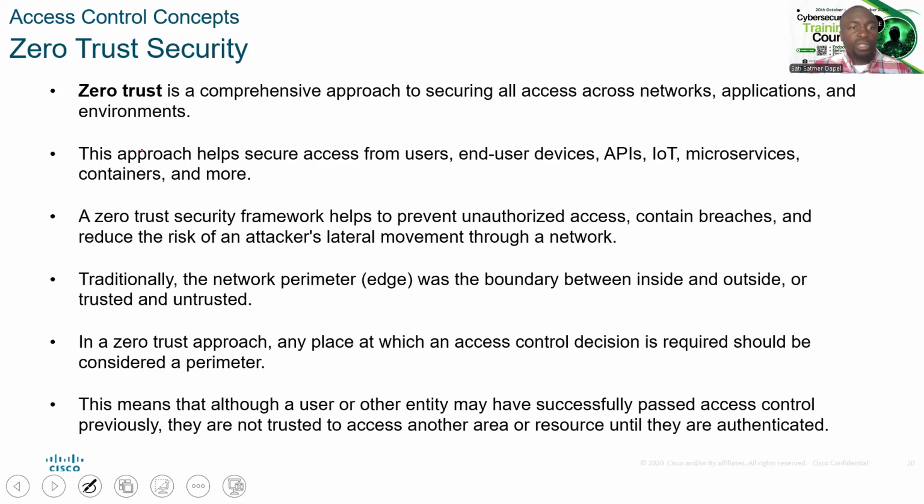Let's look at the concept of access control. That's what we call zero trust security. When they say zero trust, it means don't trust anybody. Act as if you don't trust anybody. That's just what it means. It's a comprehensive approach to securing all access to network applications and environment.